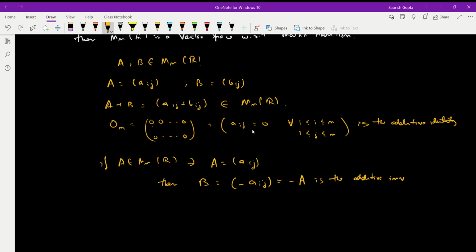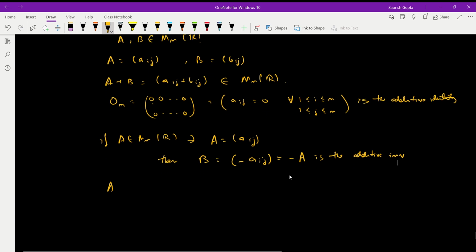We know that matrix addition is commutative because what happens in a matrix addition is we have component-wise addition in the matrices, right? And each component is a real number. Since commutativity holds in the real numbers, it will obviously hold in the matrices as well. Because A plus B is of the form Aij plus Bij.